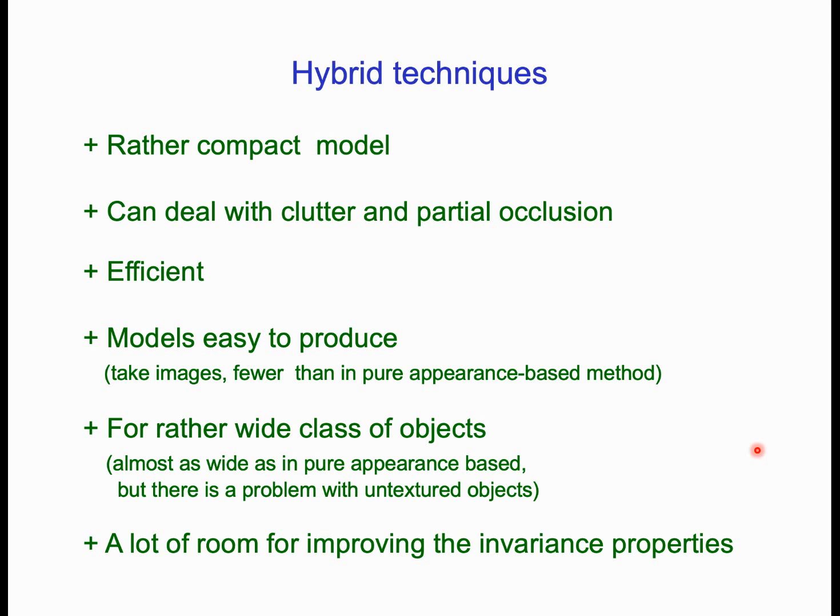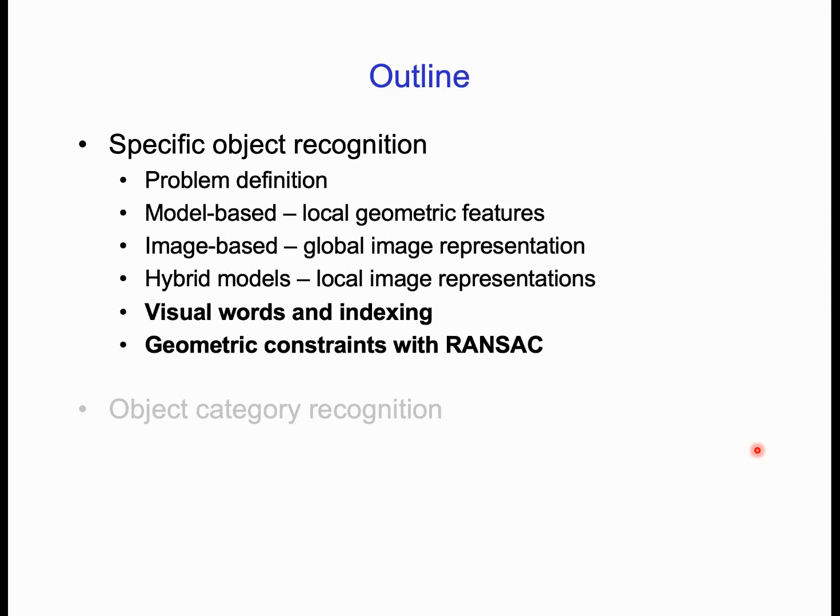Now, the extraction of the features we've seen before. So the only new thing here, extra from two weeks before lecture, was the matching part. So let's discuss this matching part further. Specifically, we will talk about two different components that make hybrid models really robust and efficient to use in practice.